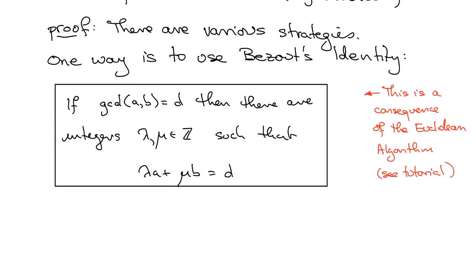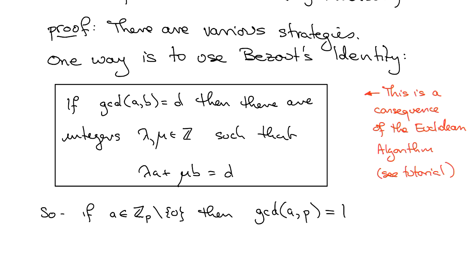So now continuing with the proof that we've got a field. If a is in Zp but not 0, then now this is the place where we'll use that we've got a prime. The greatest common divisor of a and p has to be 1. So that's what would go wrong if we're not a field, if we're not a prime.